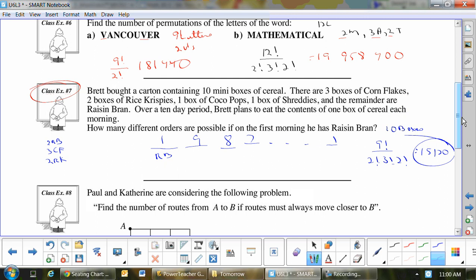Here's how I would put it. If I said I ate my cereal a bunch of different ways, but the first day I had raisin bran, how many ways could I have raisin bran? Just 1.